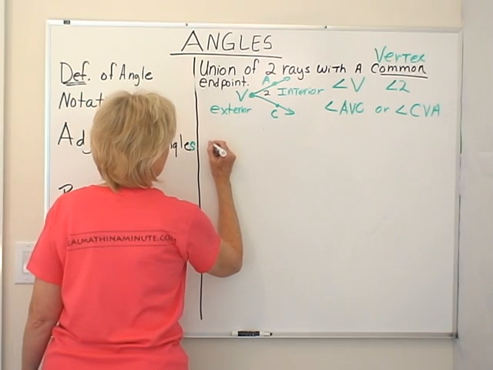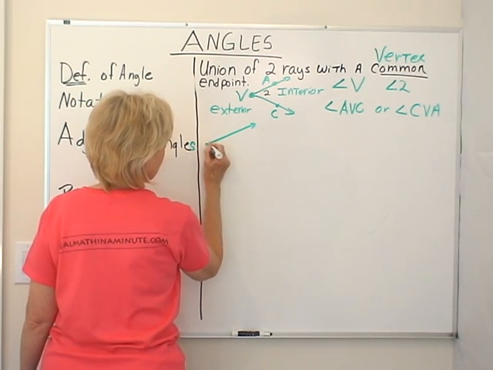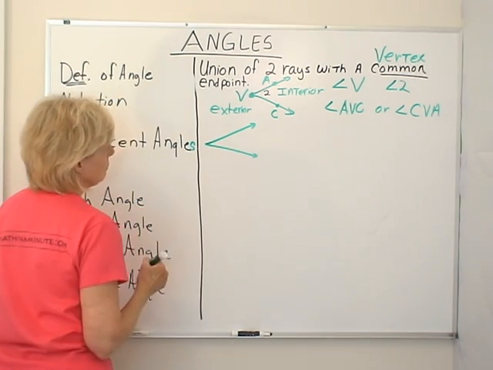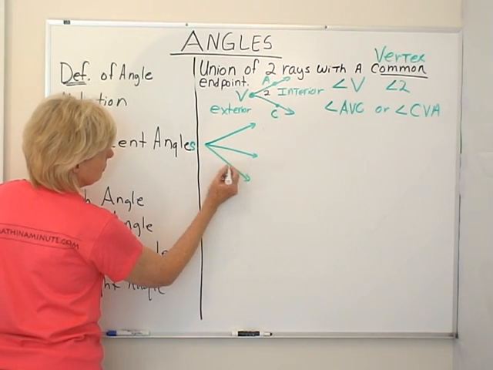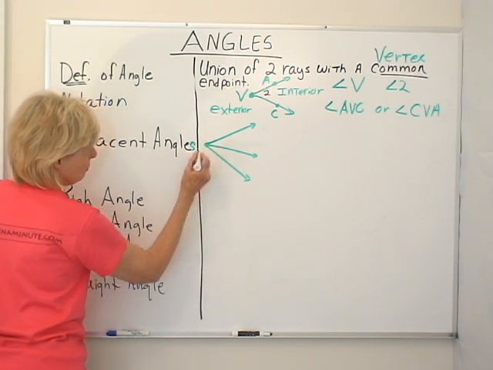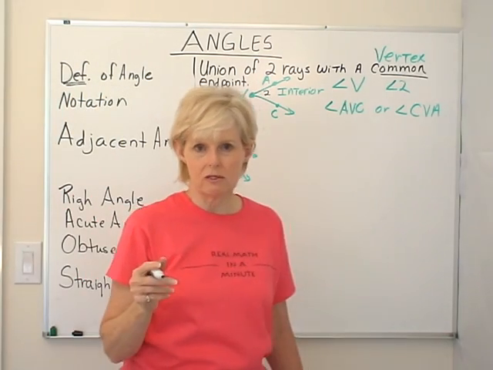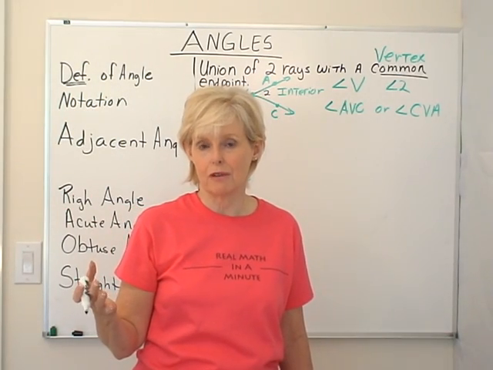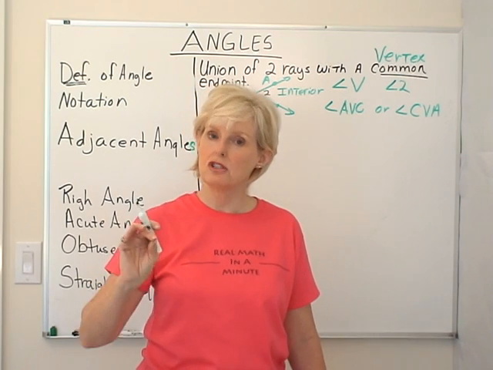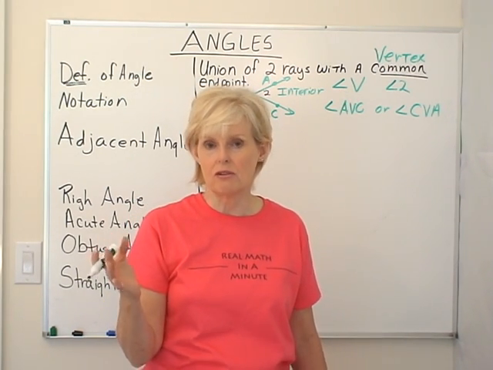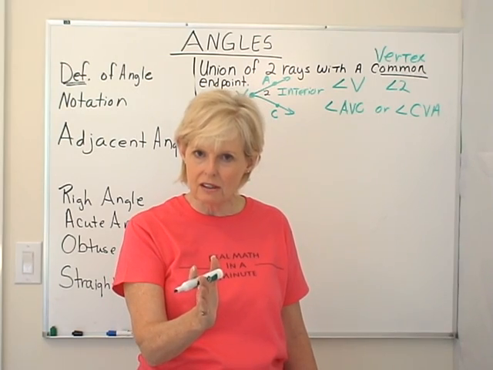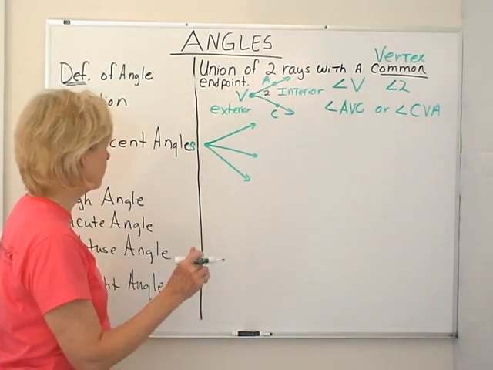Say we have this angle right here made of two rays, and then I have another angle right beside it, with the same vertex. So adjacent angles share the same vertex, and they share a side.